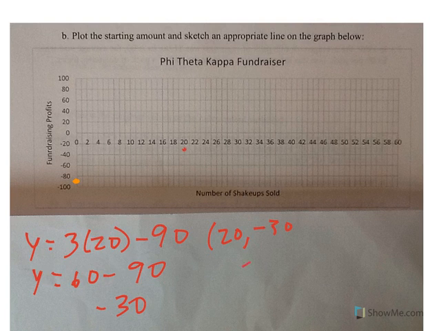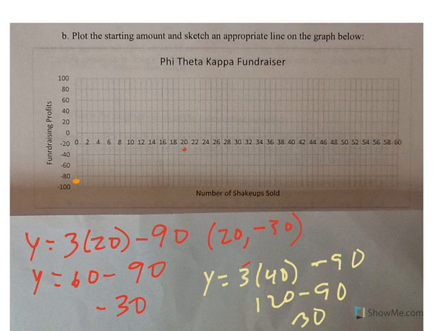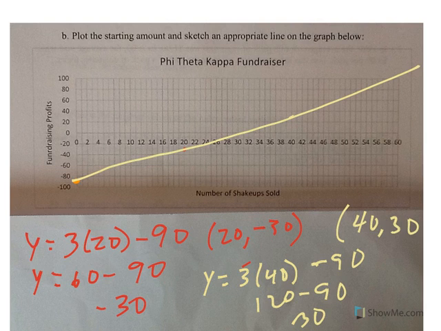All right, let's do 40. Let's use a different color, one that maybe you can see. 3 times 40 minus 90, 120 minus 90 is 30. So my ordered pair would be 40, 30. So at 40, we're up to 30, and there should be a straight line between those. Okay, it's not beautifully straight, but that's the idea.